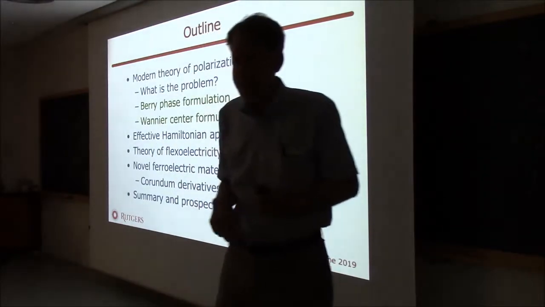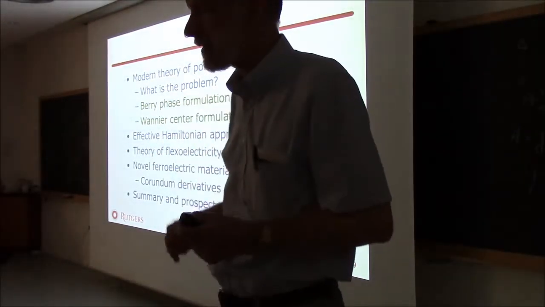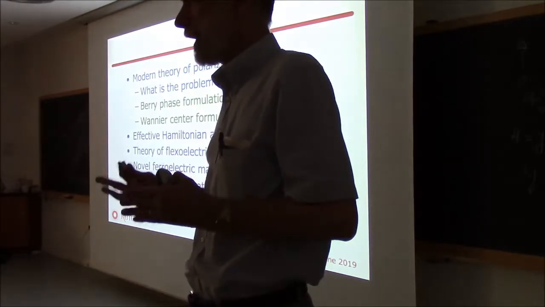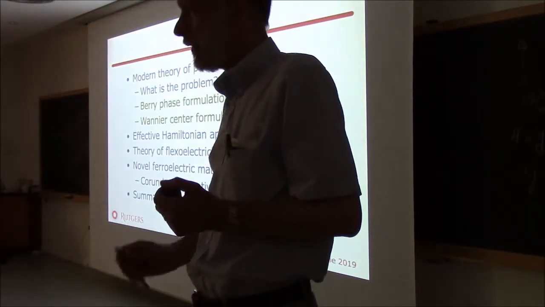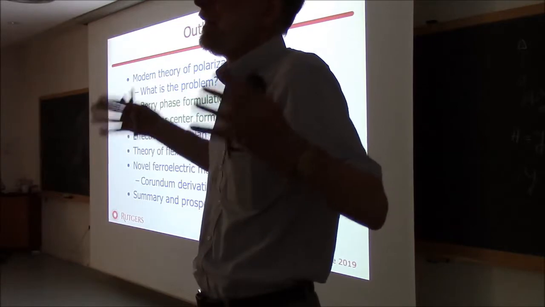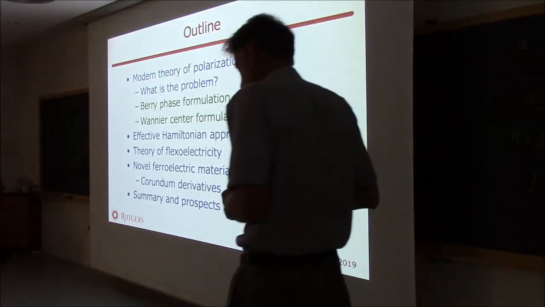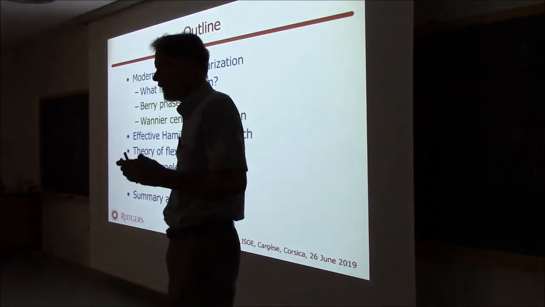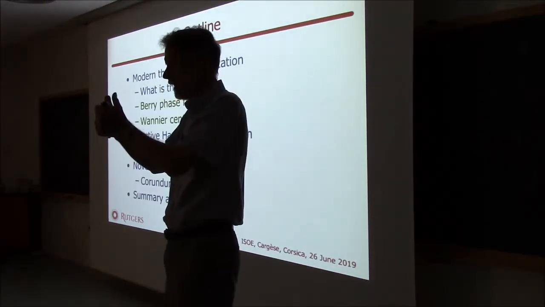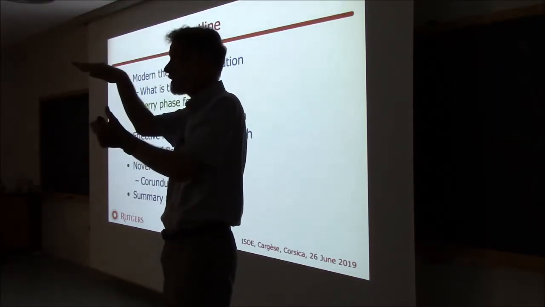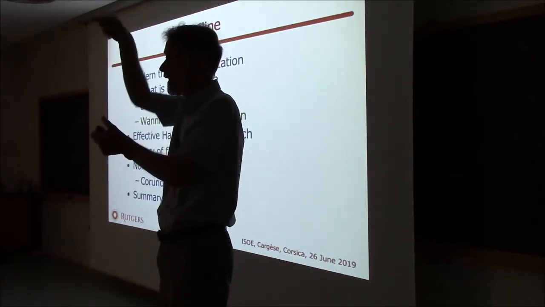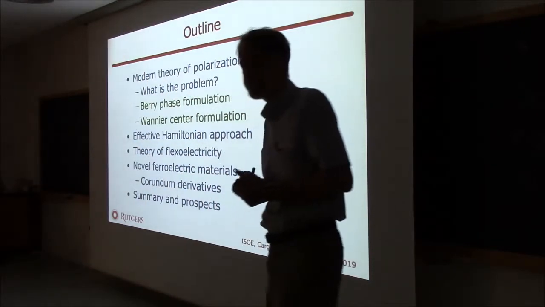So there's an aspect of this that I didn't really describe, which is that you can prove a kind of theorem. In ordinary electrostatics courses, you learn that in connection with the polarization, there's a surface charge, which is given by the polarization dot the surface normal.